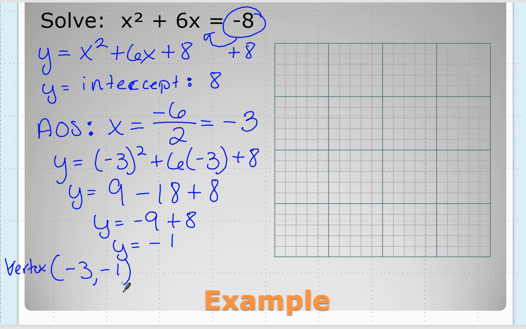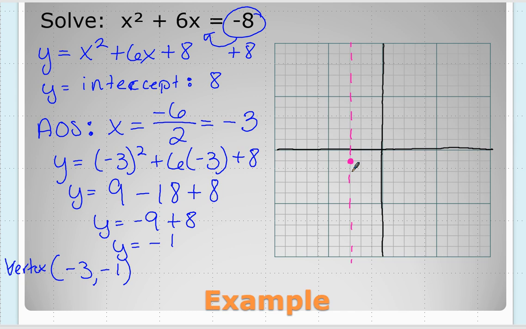So I'm going to start graphing and see where we're at. Okay, let's graph our points. So I have my axis of symmetry at negative 3. I have my vertex at negative 3, negative 1.